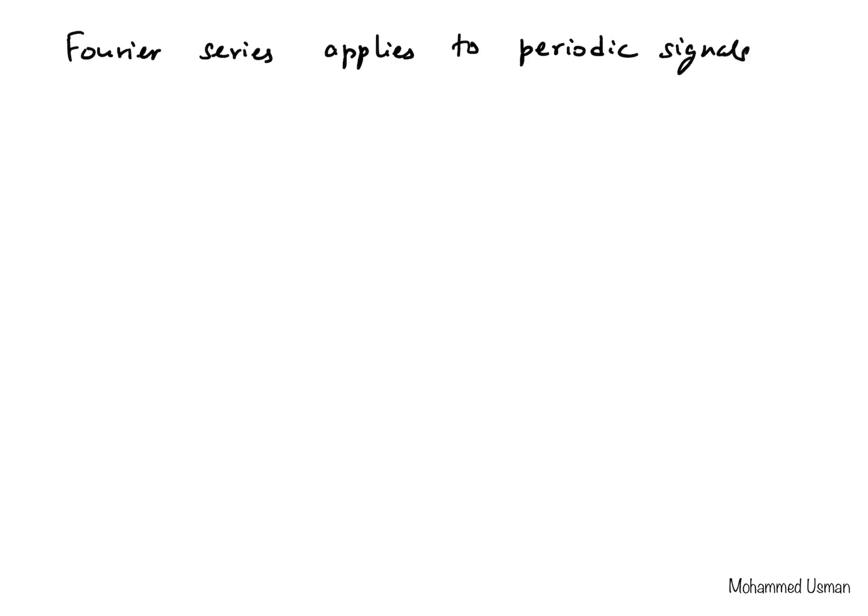The first is that the Fourier series applies to periodic signals, as I stated before. So whether it is continuous time signals or discrete time signals, when you talk about Fourier series, we're talking about periodic signals. That's the first thing.